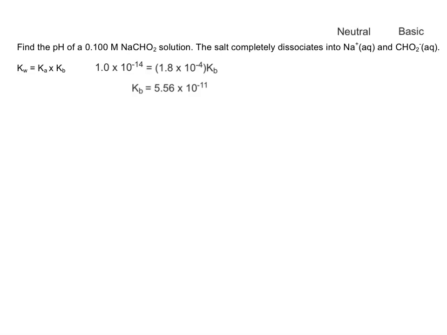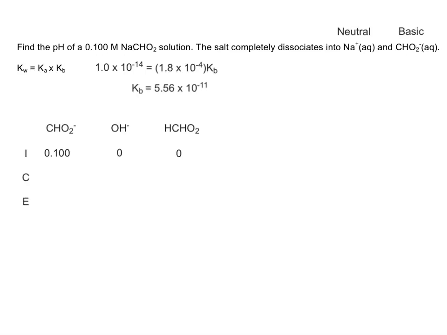Okay, and now to figure out what our pH is, we're going to have to set up an ICE table. So if we take our conjugate base plus water, we're going to get OH- plus HCHO2. The equilibrium constant for that reaction is the Kb we just found. Our initial concentration of formate ion is 0.100 molar, and the other two are going to be 0.